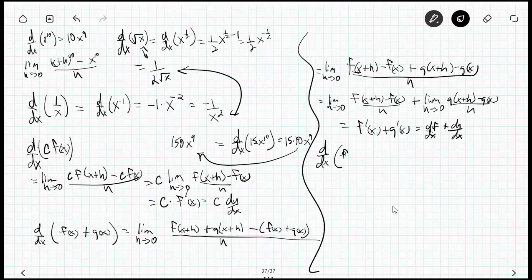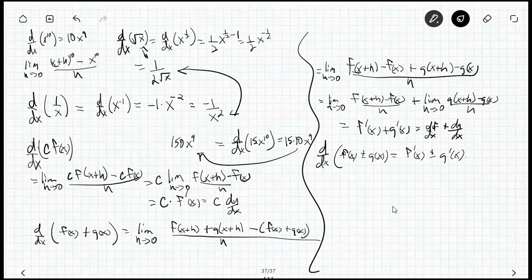So if I want to do f of x plus or minus g of x, this turns into f prime of x plus or minus g prime of x. I have it. Derivative of a sum is the sum of the derivatives. Derivative of a difference is the difference of derivatives.